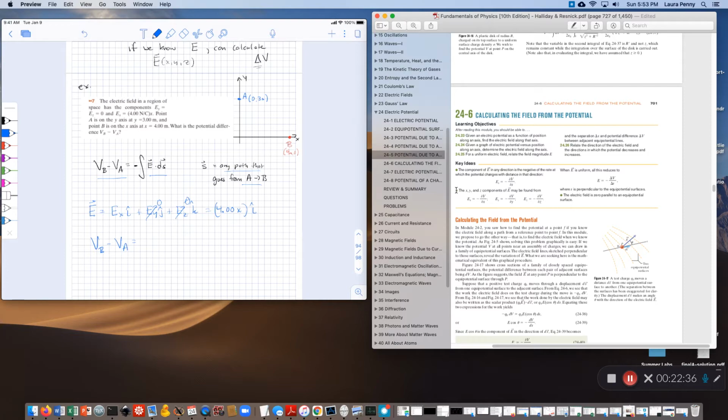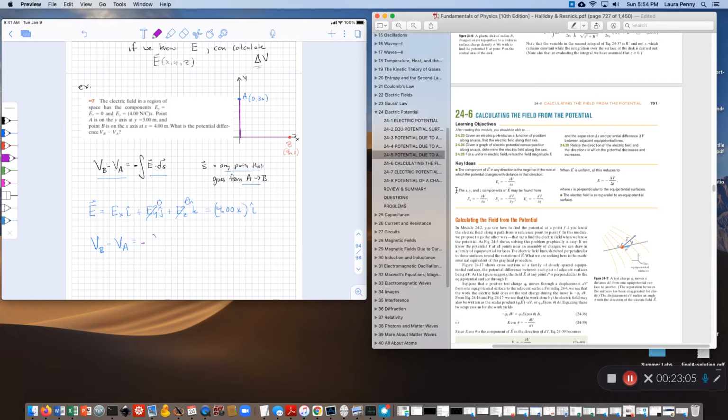There's obviously a path straight from A to B, but that's a little harder to integrate. So instead, I'm going to split this into two paths. First I'll go from here down to the origin, all along the y-axis, and then another one to here.